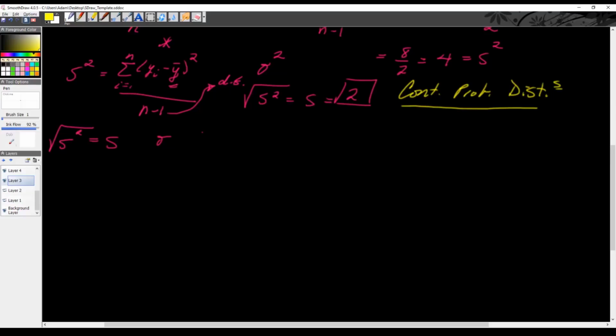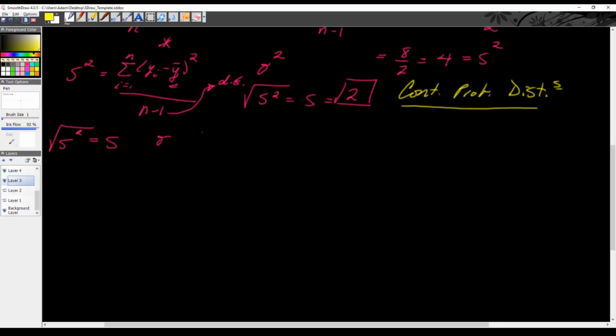So we can use continuous probability distributions to calculate probabilities concerning y, the value that y might attain. Again, if I'm just randomly selecting somebody from the population, y potentially can be any of the values in the population.